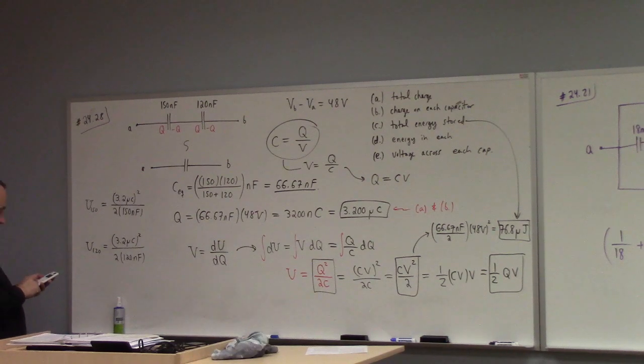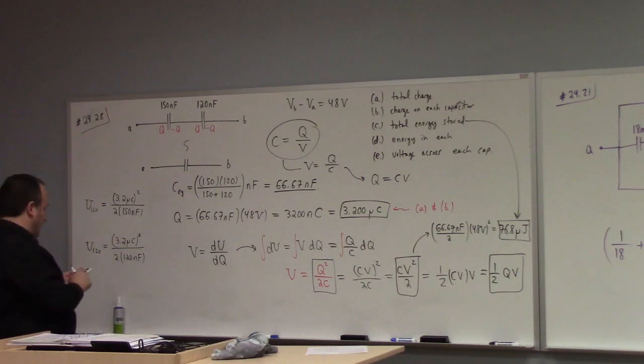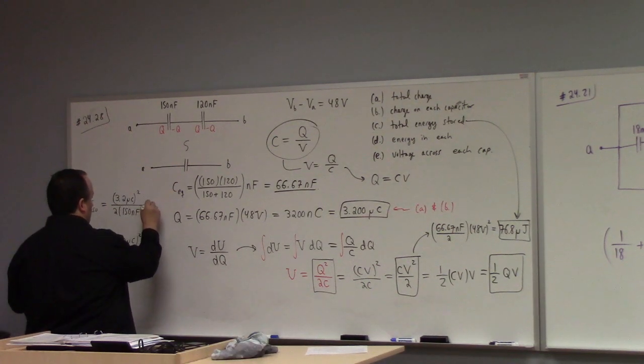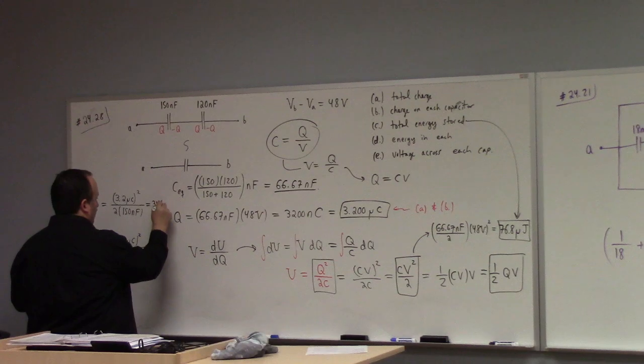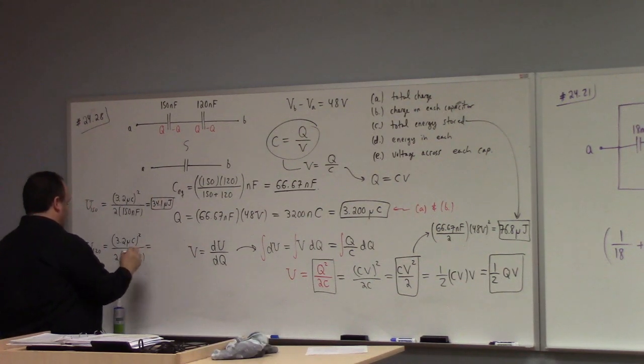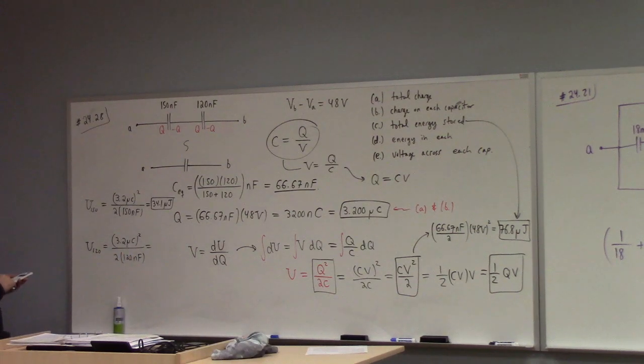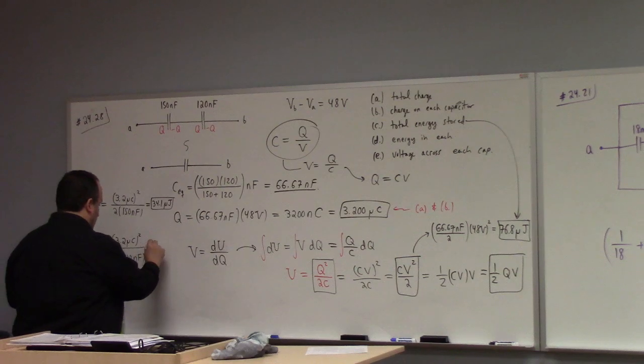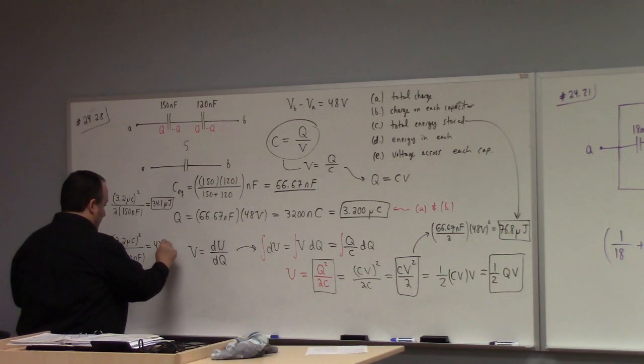I get, all right, I think if I'm reading correctly, 34.1 microjoules. And the other one, 42.7 microjoules.